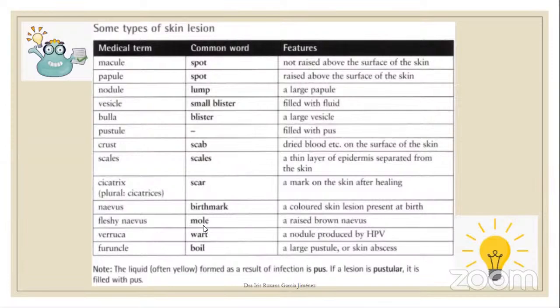Because mole is a very, very common way to consider this. Fleshy nevus, maybe just for dermatologists in the proper way, but even for general practitioners, mole is the proper way to talk about this skin lesion. A raised brown nevus, a new one, right? For example, furuncle, a boil, a large pustule, or a skin abscess.